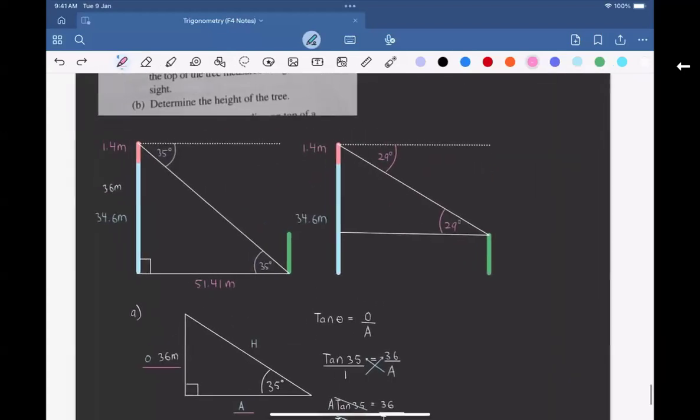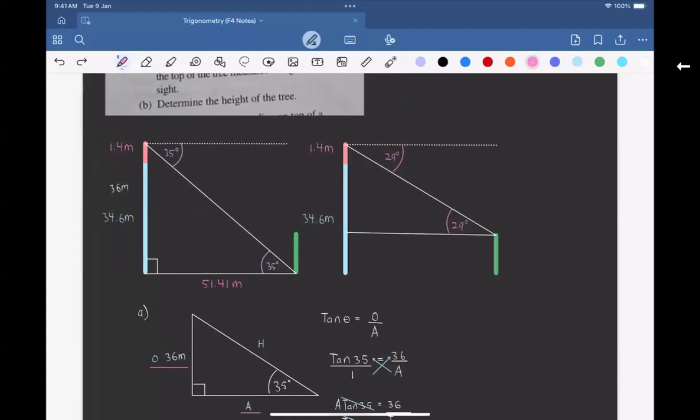Would the 51.41 apply to this diagram as well? Yeah, it could be on the other diagram, same place. Right, because if she's looking at the top or the bottom, does that change the fact that she is 51 meters away from the tree? No, she's still the same distance.